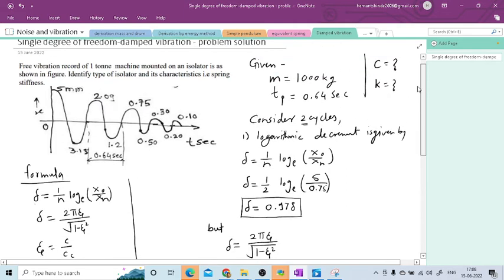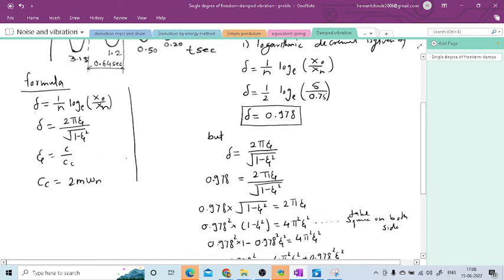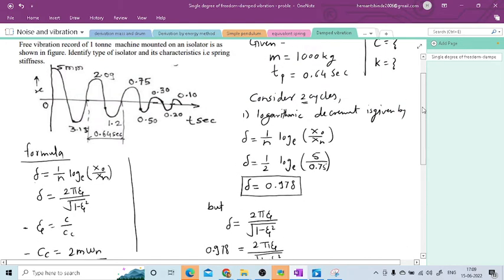Omega n is nothing but root k by m, but we don't know the value of k. So we cannot determine the value of Cc and we cannot determine the value of C. So right now I am not going to use these formulas because we don't know the value of k. But in the given they have given the time period.